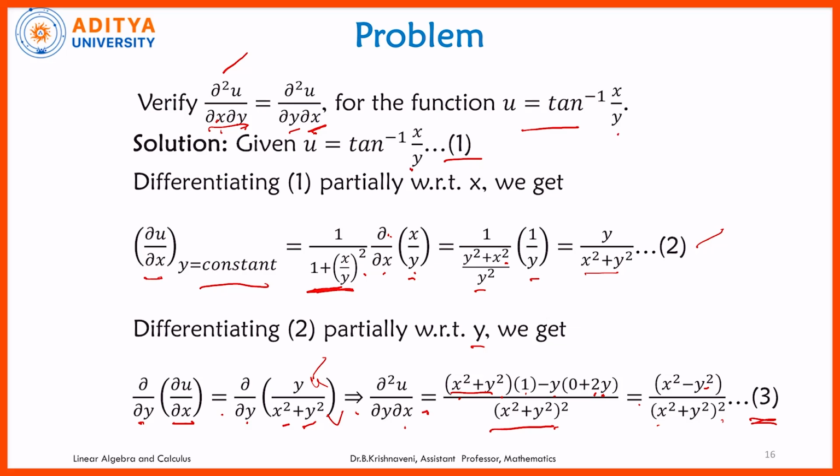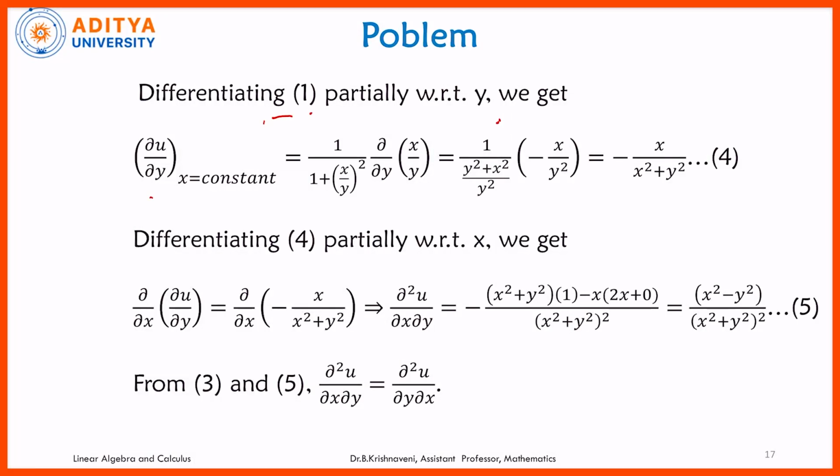Now u with respect to y: first the tan inverse derivative, 1 by 1 plus x by y whole square, into the inner derivative dou by dou y of x by y, which is 1 by y square plus x square by y square, and dou by dou y of x by y, with x constant, the derivative of 1 by y is minus 1 by y square. So y square gets cancelled, giving minus x by x square plus y square.